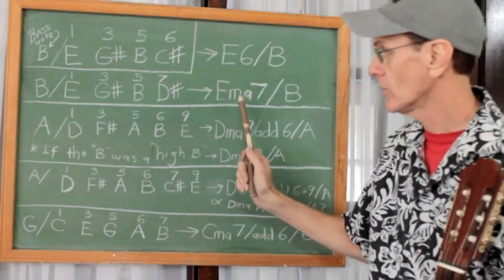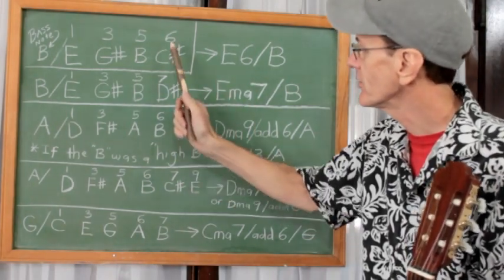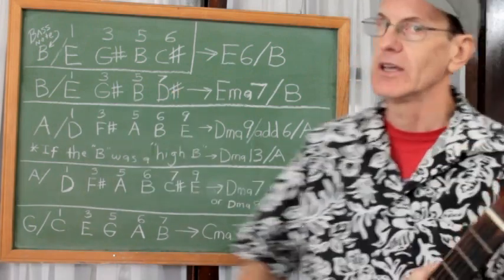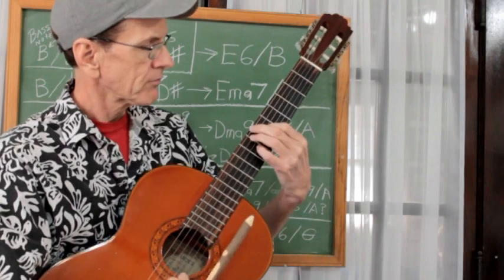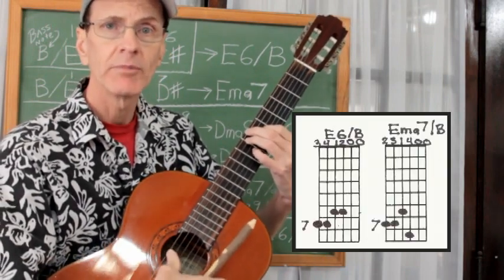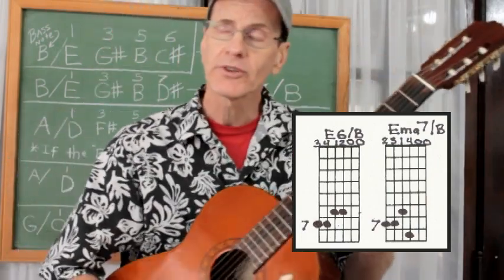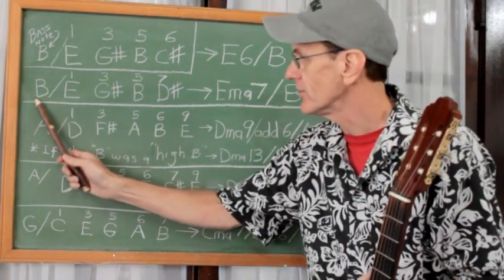All right, the next chord is kind of close to it. We replaced the 6th with the 7th, the major 7th. And that's going to give us this sound here. There's the major 7th. But once again, we have the B as the lowest note in the bass.